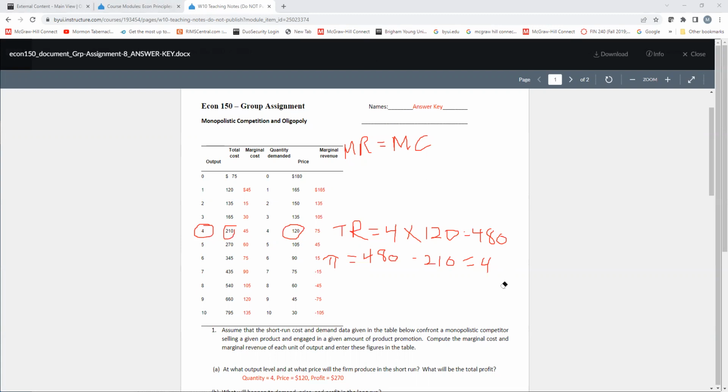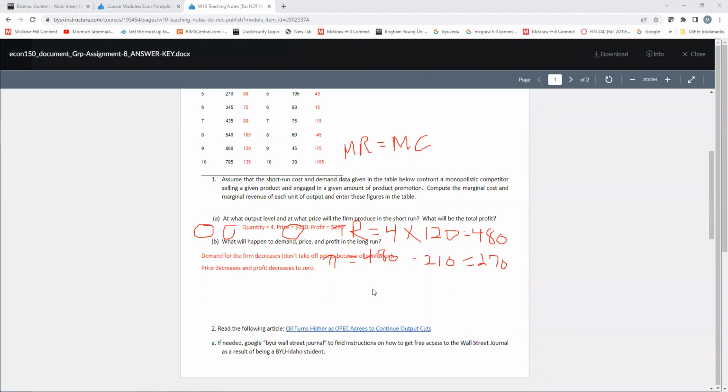Profit's going to be 270. Quantity 4, price 120, profit 270.